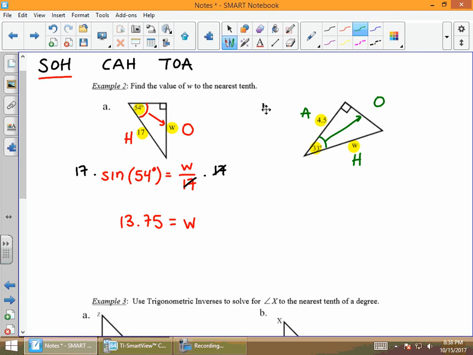They deal with A and H, so the O is not being used. So, of my three trig functions, I need the one that has an A and an H in it, and that is cosine. So the cosine of the angle, which is 33 degrees, is equal to A, 4.5, over H, which is W.